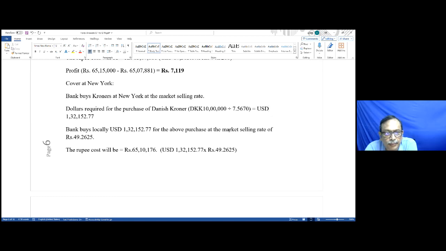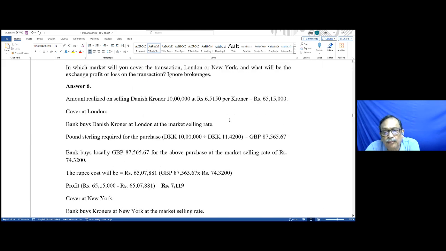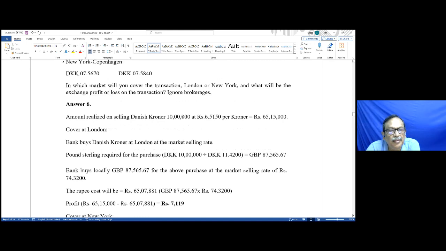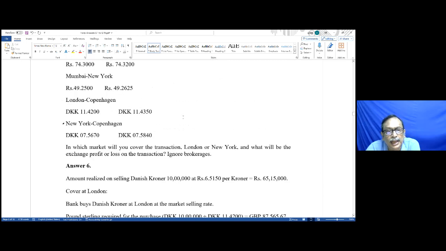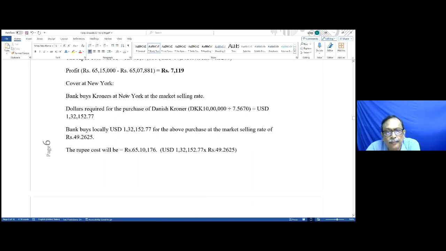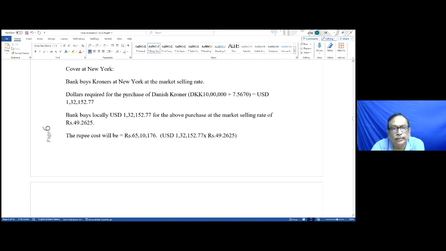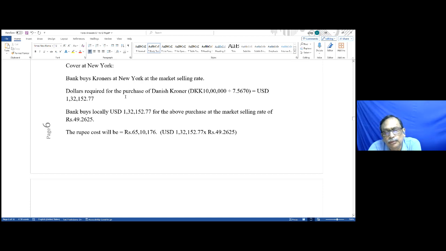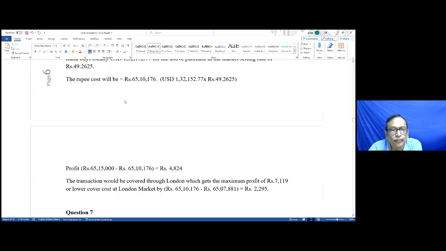Then the rupee cost will be US dollar 132,152.77 multiplied by 49.2625. So it comes to rupees 65 lakhs 10,176.